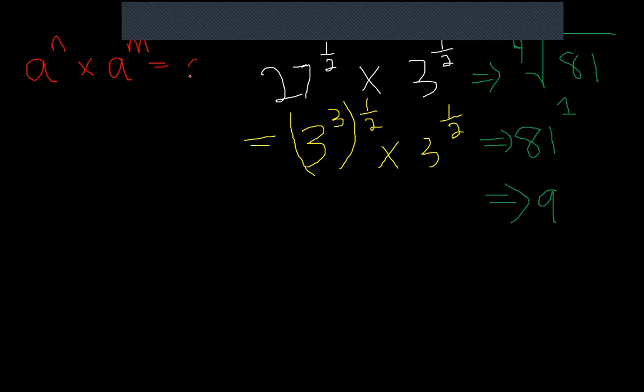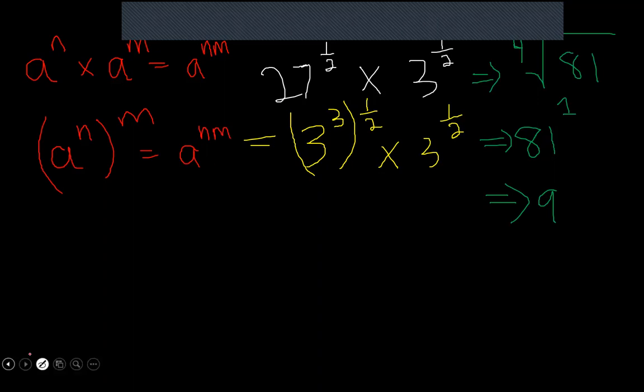a to the m times a to the n is equal to a to the m plus n. Just one way of solving this, yeah? So I converted this so I can have the same base. I have a 3 and I have a 3. The other rule I would apply here is this one. A to the m, this whole thing raised to the power of n, is equal to a to the m times n. Wait, my bad. I was in the rule above. It's m plus n.